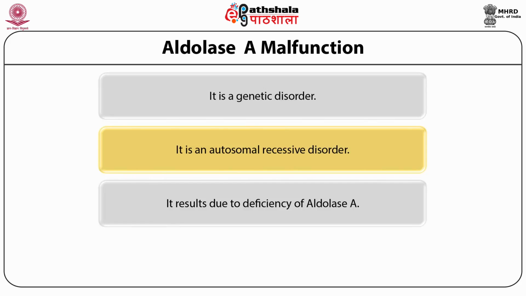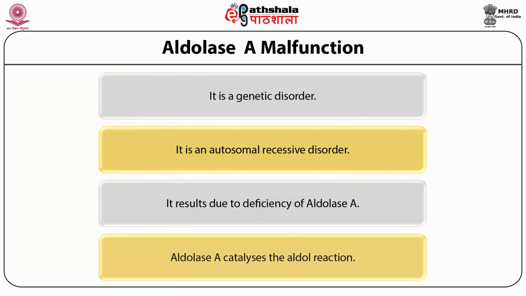The ALDO-A gene encodes fructose 1,6-bisphosphate aldolase. Aldolase A catalyzes the aldol reaction. This reaction is reversible, acting on fructose 1,6-bisphosphate. Fructose 1,6-bisphosphate is split into glyceraldehyde 3-phosphate and dihydroxyacetone phosphate.